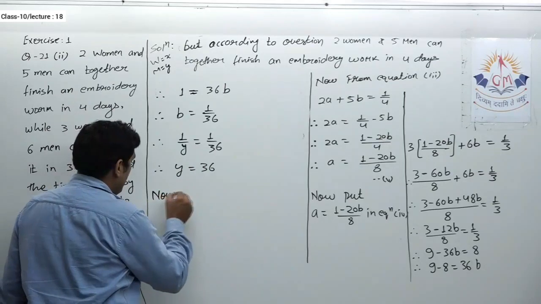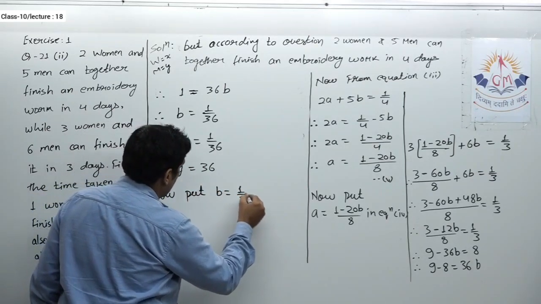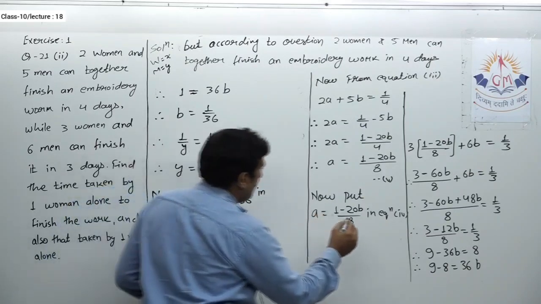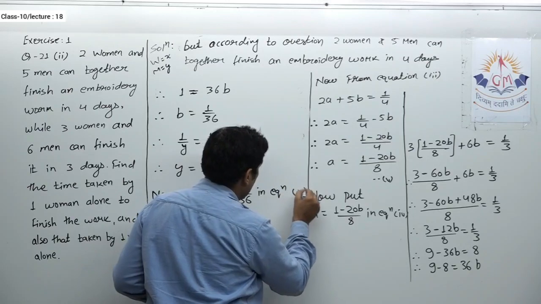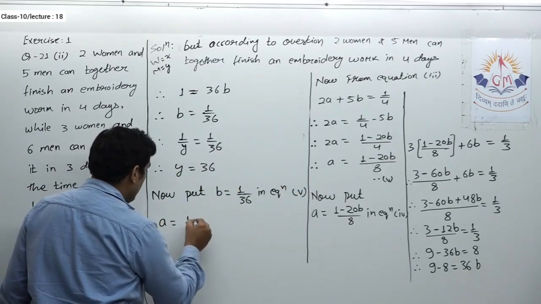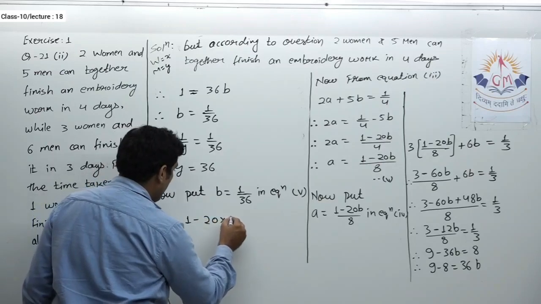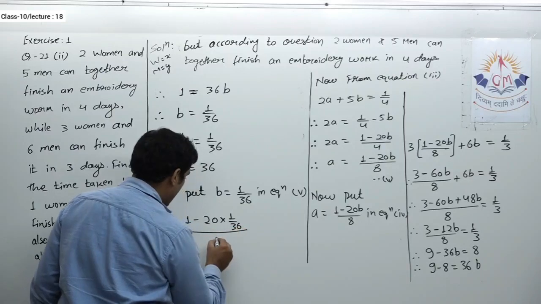Now put b is equal to 1 upon 36 in equation number 5. So here I get a is equal to 1 minus 20, at the place of b I will put 1 upon 36, and the whole divided by 8.